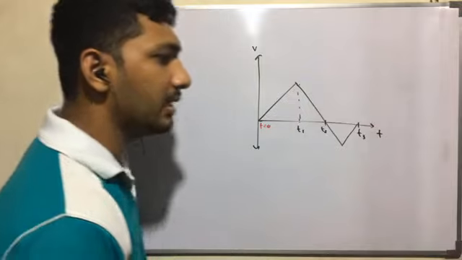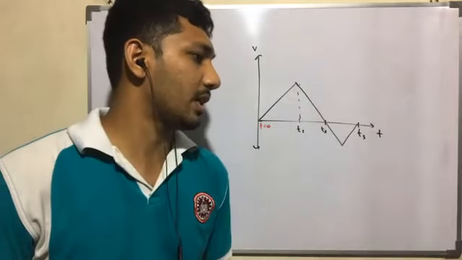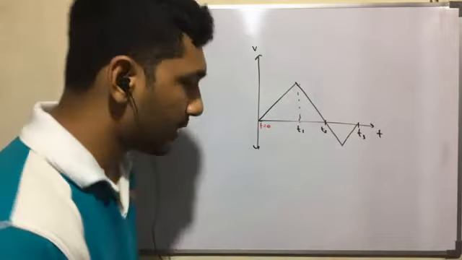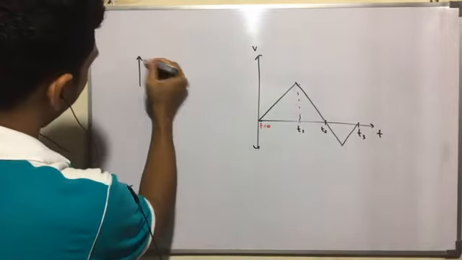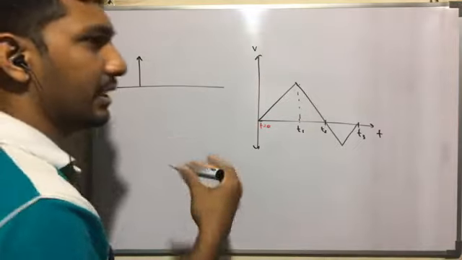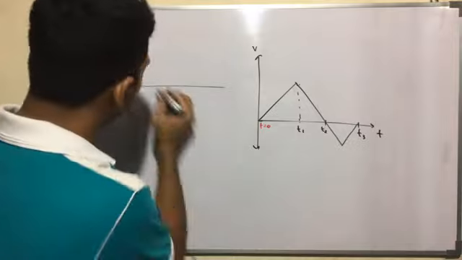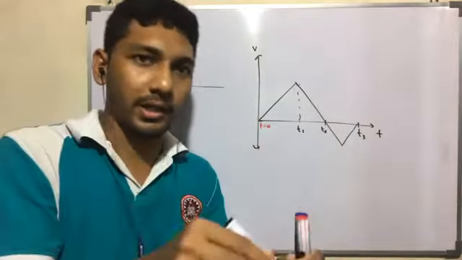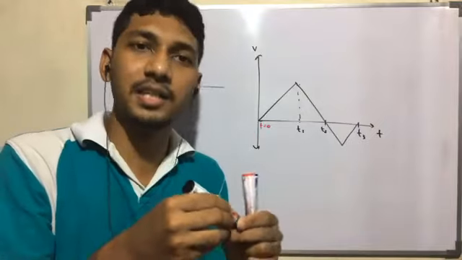Okay, so B, the particle returns to its original position. So position is related to the displacement. So you start the motion from a point, you travel everywhere, and the displacement will decide whether you come to the initial position. So if you come to the same point, then your displacement is 0.